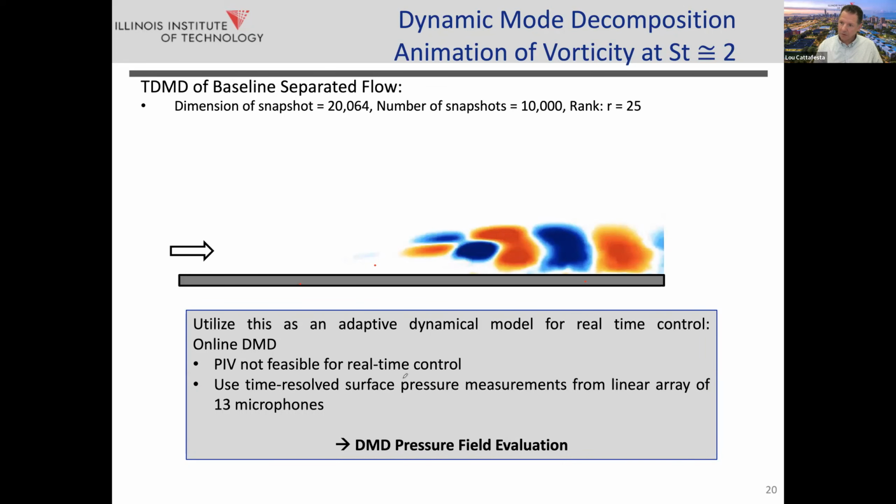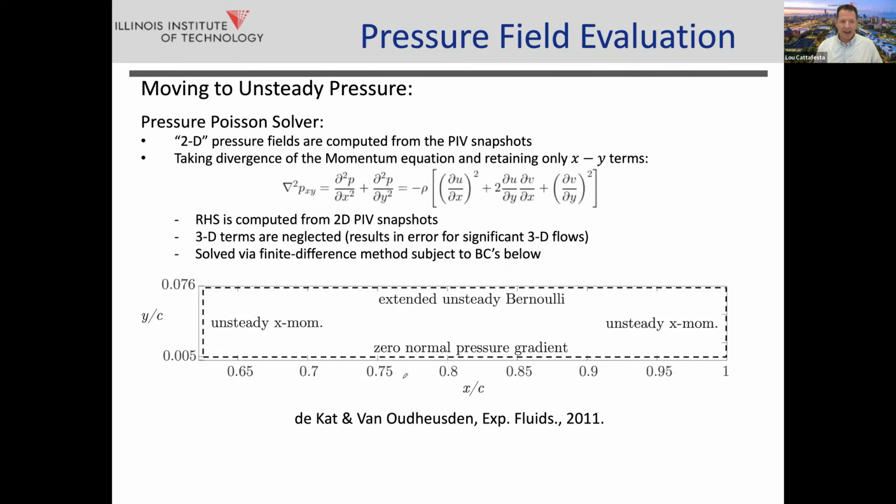So what we first wanted to do before we jumped right into it is actually try and compute pressure from the PIV. And we used a well-established method of pressure-based PIV with all the caveats associated with the fact that we're taking a slice of what is essentially a 3-dimensional flow, and we're essentially zeroing out all the 3D terms that we don't measure. And we solve the pressure Poisson equation.